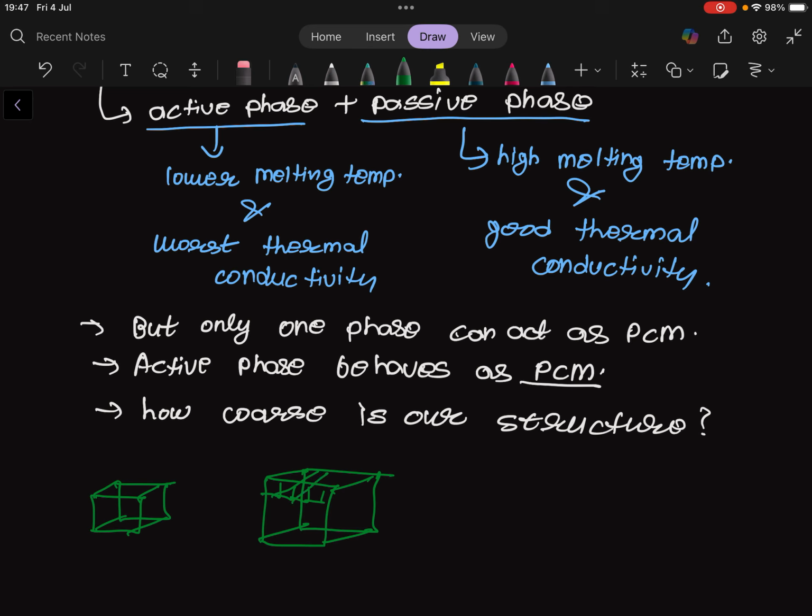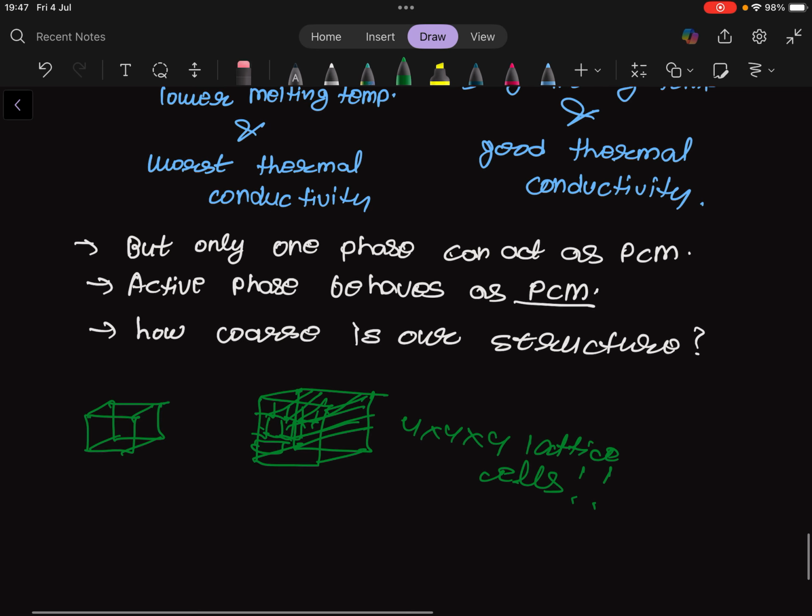It is arranged in all parts. Okay, so it's 4x4x4 lattice cells. So this is a foam.